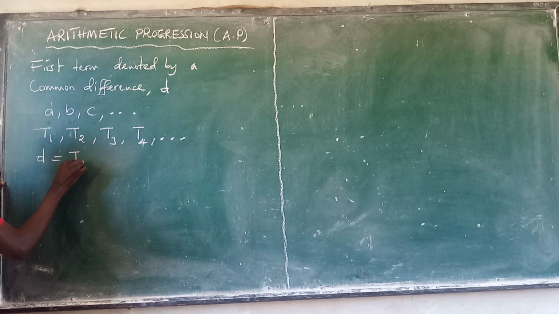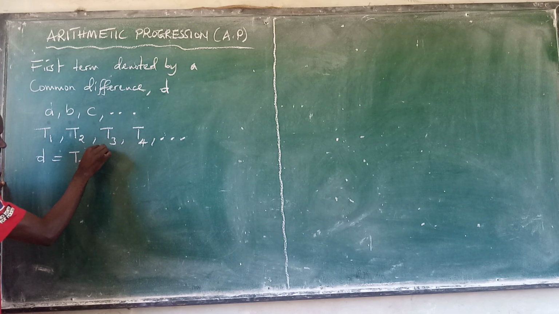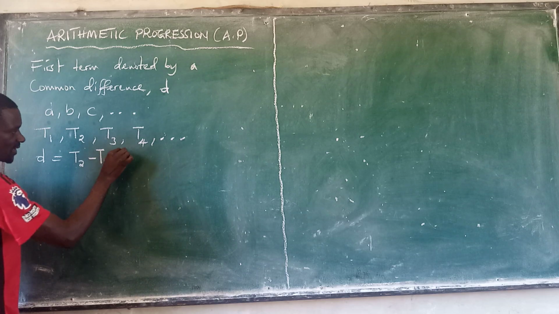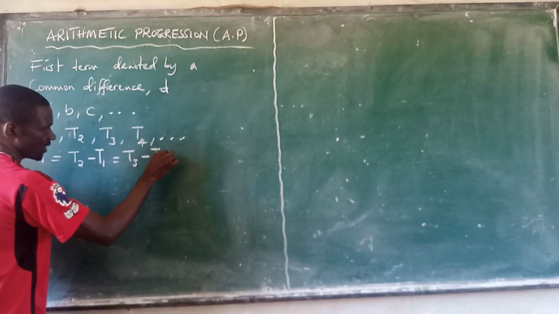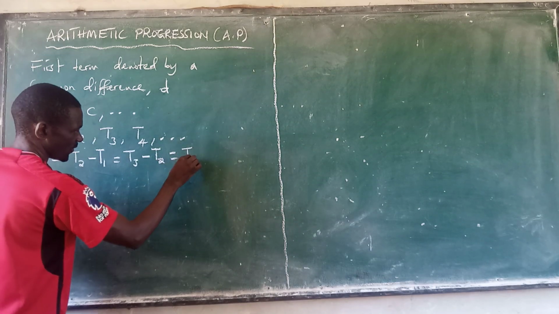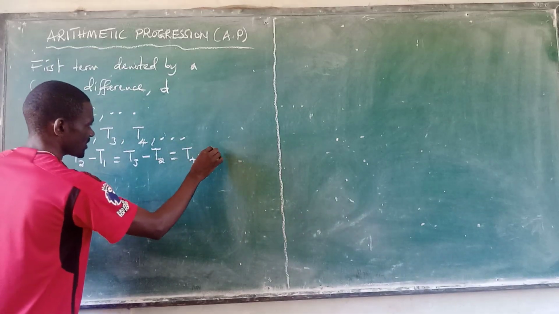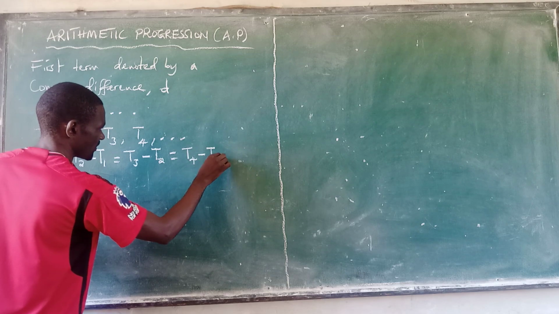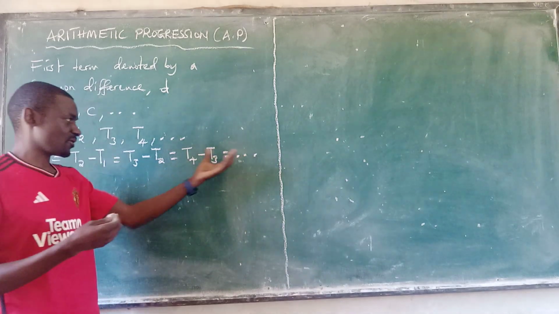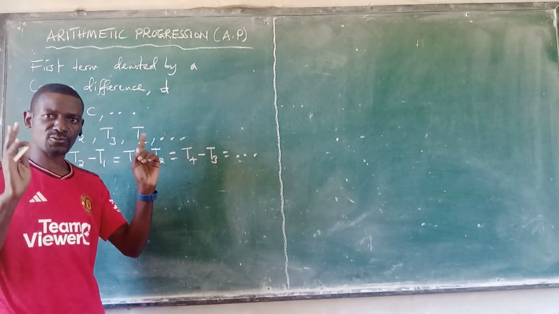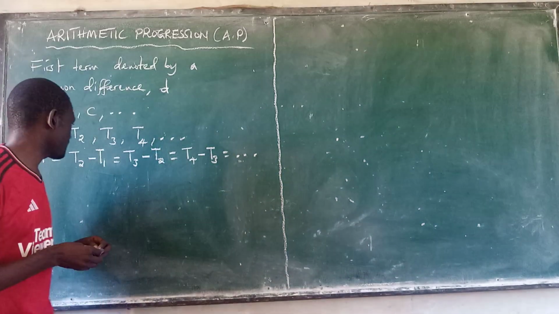So T2 minus T1, which is the same as T3 minus T2. It's also the same as T4 minus T3. And it goes on just like that. Meaning you can find it from two consecutive terms.